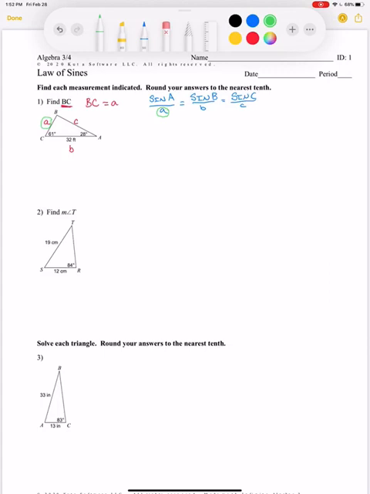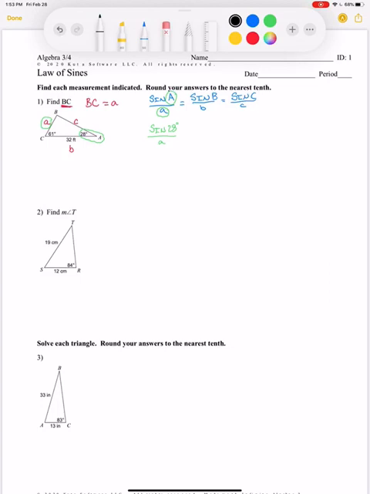Little a has to come with angle A, so if I look, I have angle A, great. So this is going to be one of them, sine of 28 degrees over little a. I know I have to use that. Then if I look at my triangle, what I have left, I have B is 32 feet, but I don't know the angle B. I have C is 61 degrees, but I don't know side C. So I'm missing some pieces here.